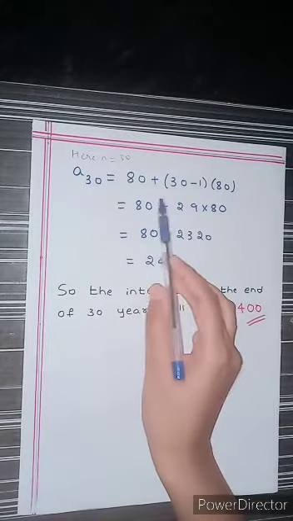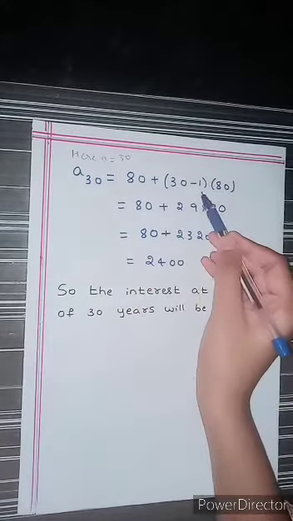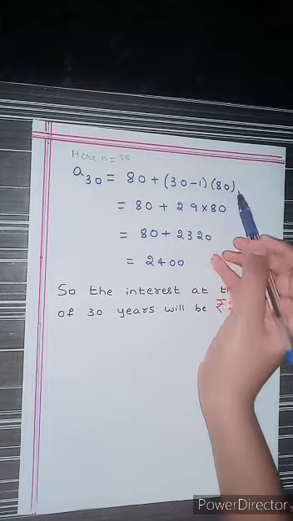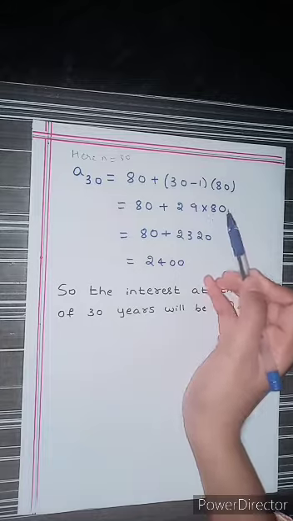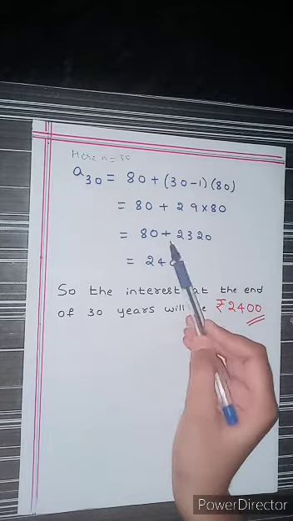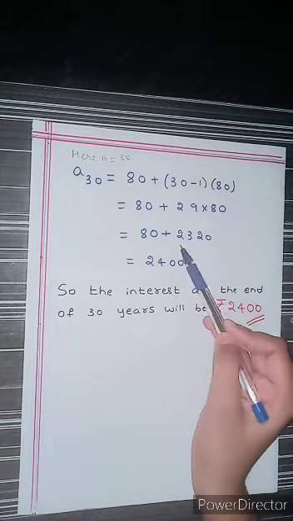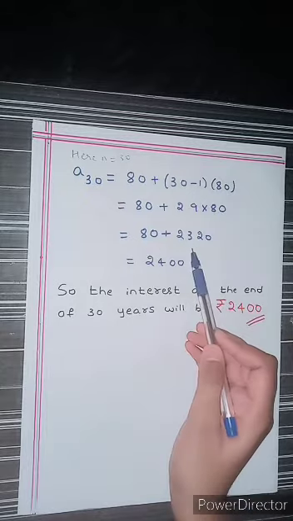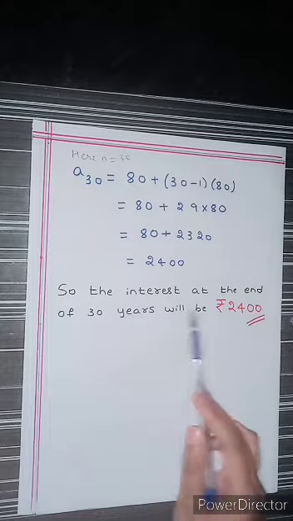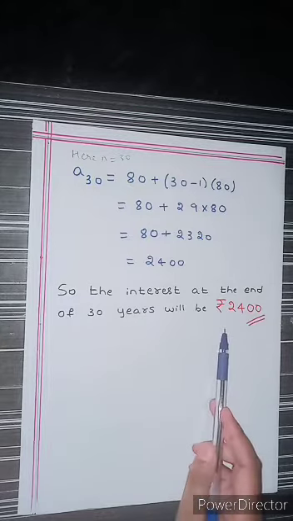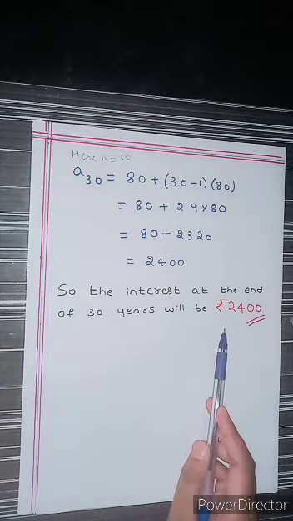A30 is 80 plus N is 30, right? 30 minus 1 into D is 80. 80 plus 30 minus 1 is 29 into 80. 80 as it is, plus 29 into 80 is 2320. Add these two terms, you will get 2400. So the interest at the end of 30 years will be rupees 2400.